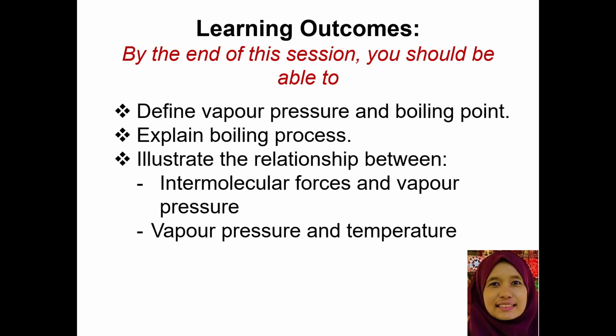Okay, then we have vapor pressure. Define vapor pressure and boiling point. So boiling point and vapor pressure are interrelated. Okay, so then the next one, explain boiling process and relation between intermolecular force and vapor pressure and temperature.